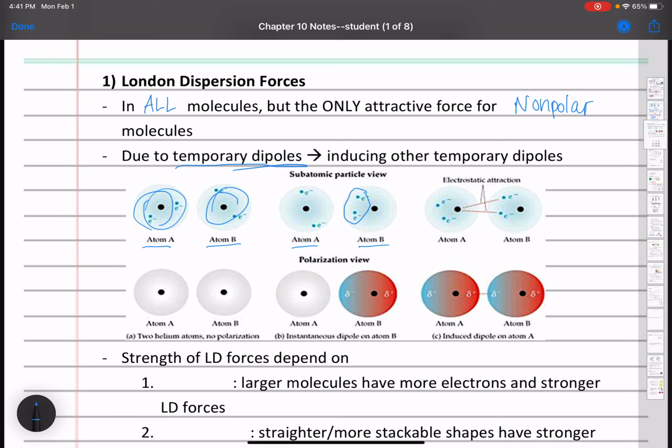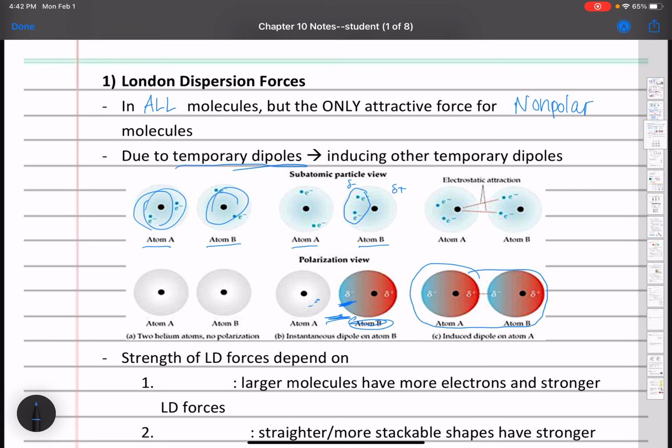When that happens, it makes the atom a little bit polar, and you can see that in this picture here. The atom becomes a little bit polarized, and then that partial negative charge, the electrons here, end up repelling the electrons in atom A and inducing a dipole in atom A.